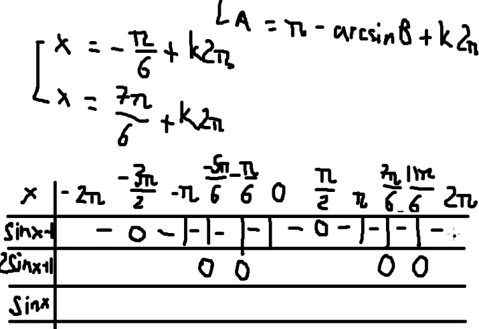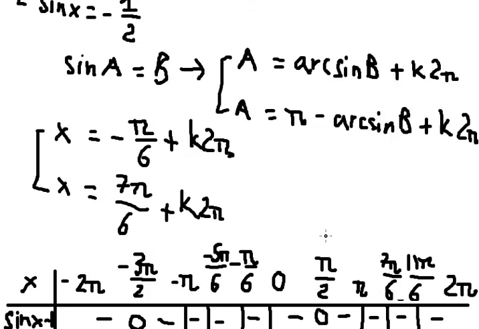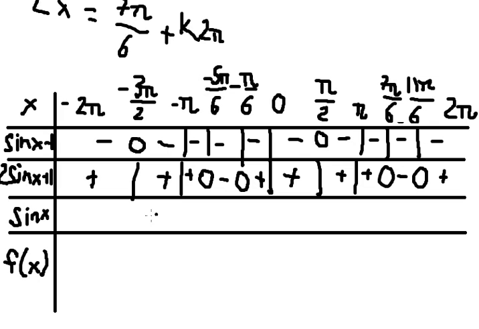We put one value between negative 2π and negative π over 6 and you get positive. Going across, we have negative, then positive, positive, positive, positive, then negative, then positive, positive, and positive. Then sin x is this one.